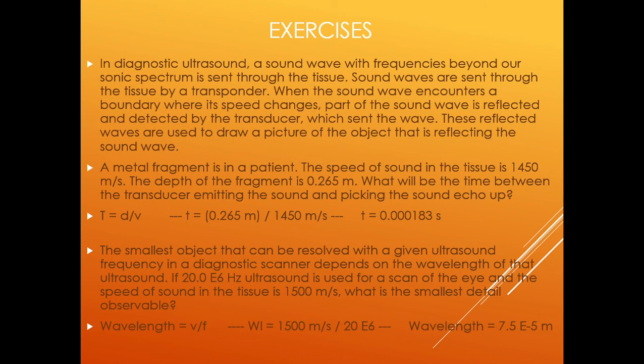Once we substitute, our wavelength will be 7.5 e minus 5 meters. All right, so these exercises are very simple. You only need to clearly analyze the information that you have in the text, and find out what they're asking you to do.